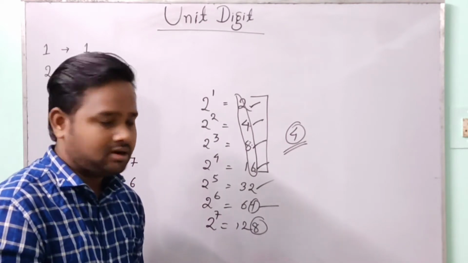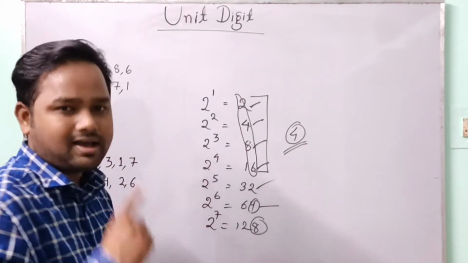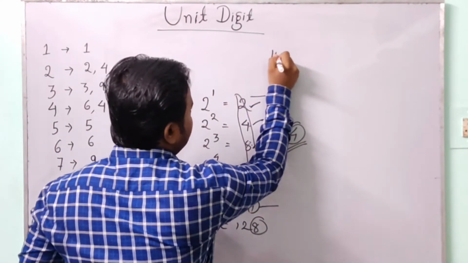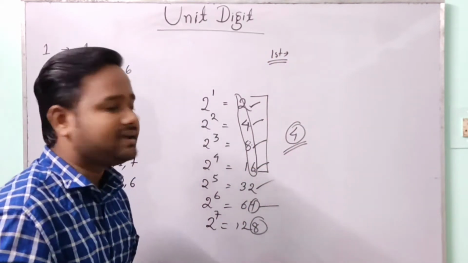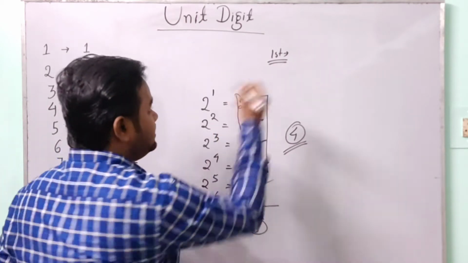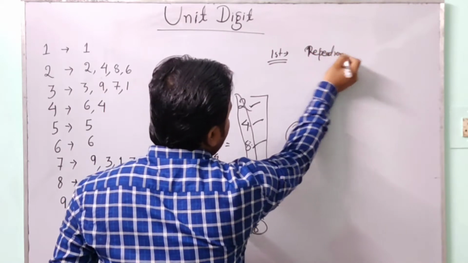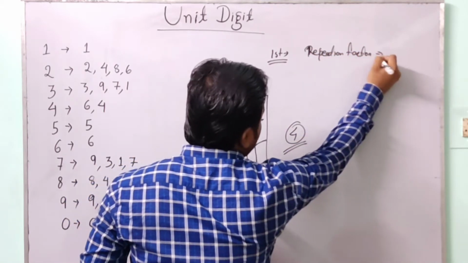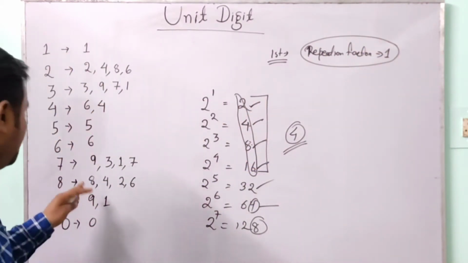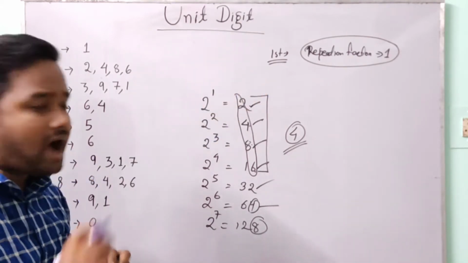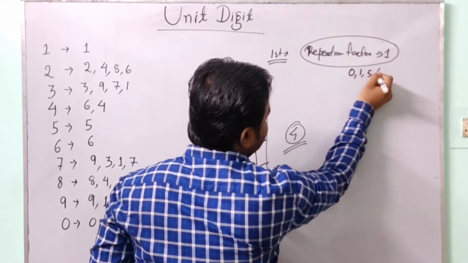For the repetition factor, we divide all the numbers into 3 categories. First category: if the repetition factor is 1, that means whatever the power we take, the unit digit is always the same digit. The numbers having repetition factor 1 are 0, 1, 5 and 6.